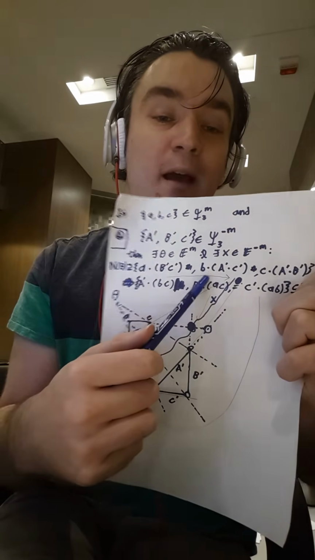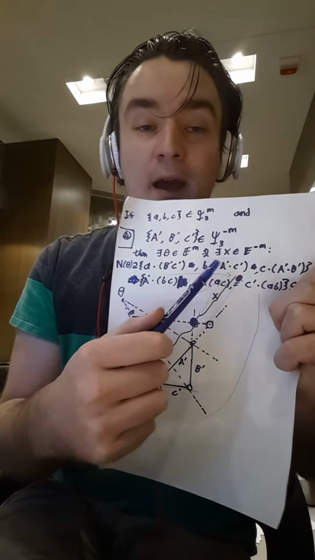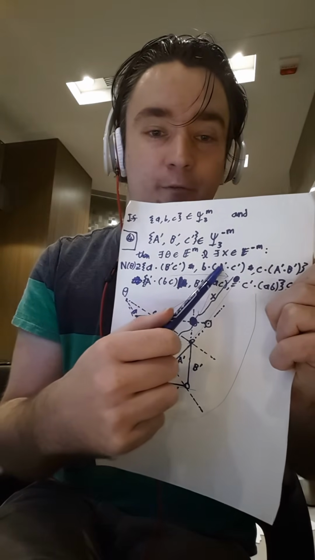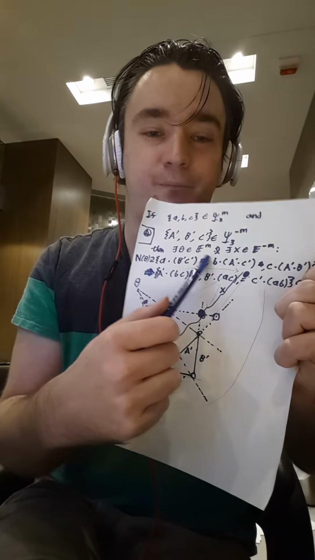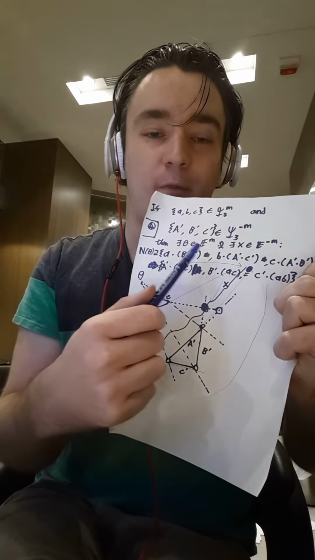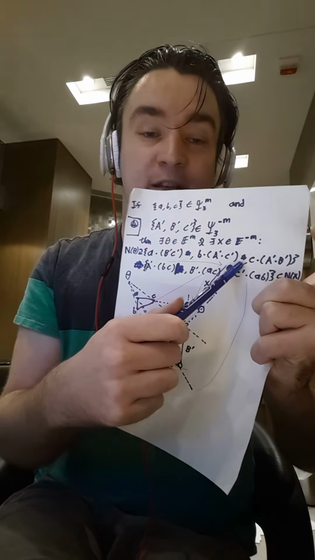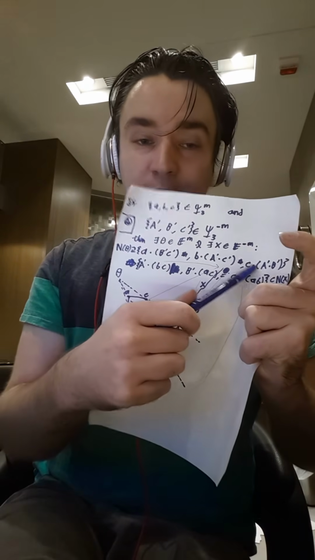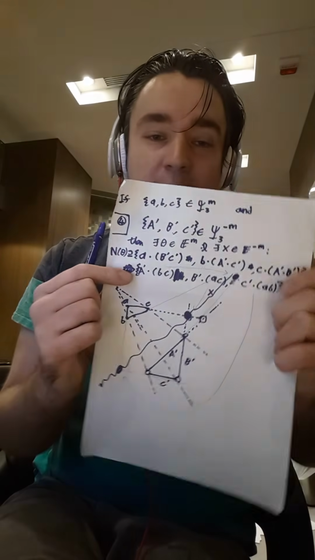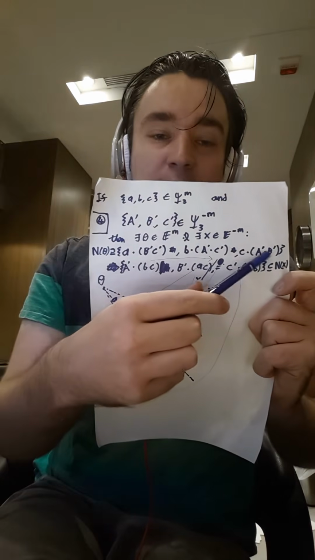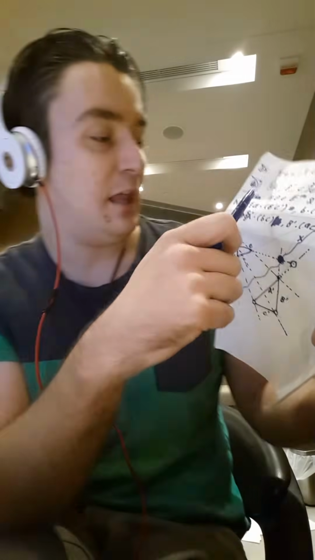And similarly we have vertex little b and the vertex opposite big B, and we have vertex little c and the vertex opposite edge big C. And what this statement is saying here is that basically this is a line, okay?